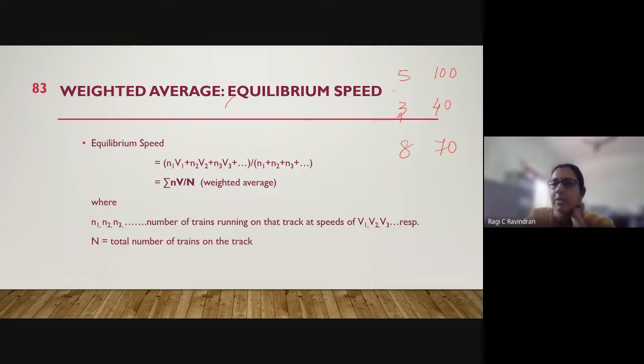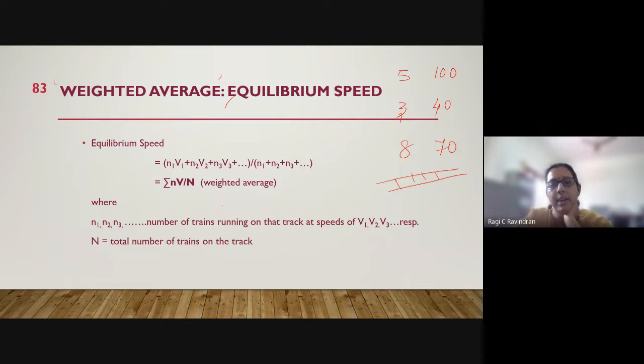So you need to know how many trains of what speed category are going to utilize that particular railway track. Then, after knowing these details, you can calculate the equilibrium speed by the weighted average method.